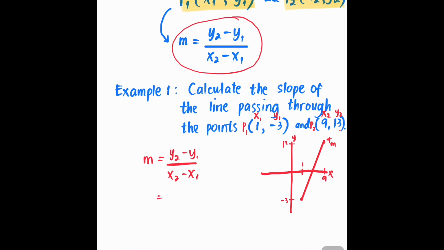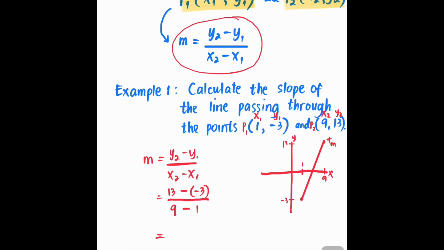So y sub 2 is 13 minus y sub 1, which is negative 3, over x sub 2, which is 9, minus x sub 1, which is 1. And after substituting the values, then just simplify. So 13 minus negative 3.